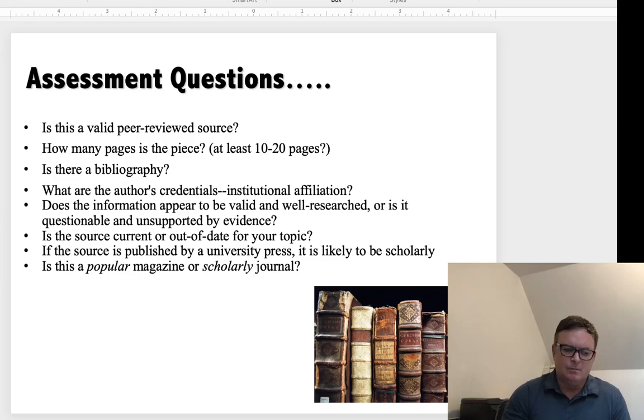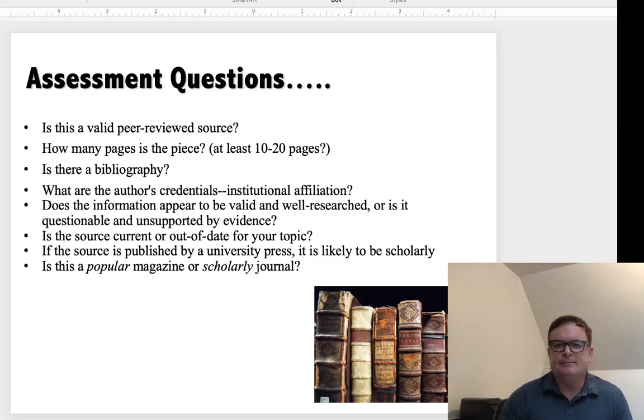And it won't be just me; it'll be other people reviewing that article as well. So it's been sent out to other people in the field who are familiar with the topic. It's been read, it's been evaluated, and then returned. So that's what peer-reviewed means. So to know that there's an editorial board, it's from a journal, a reputable journal.